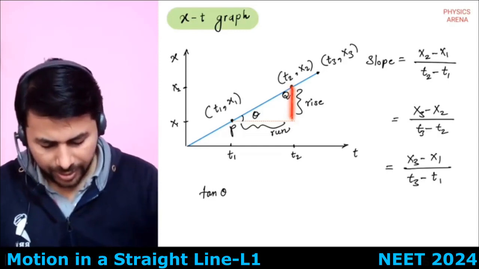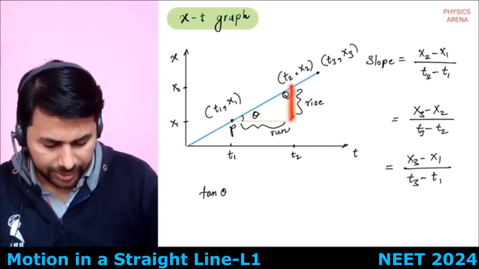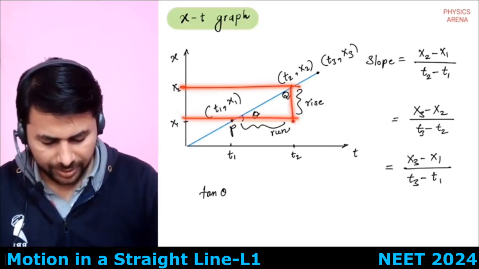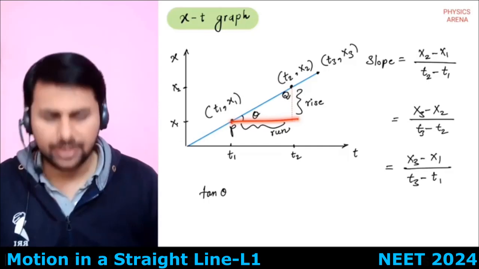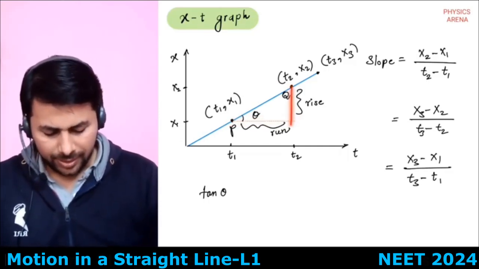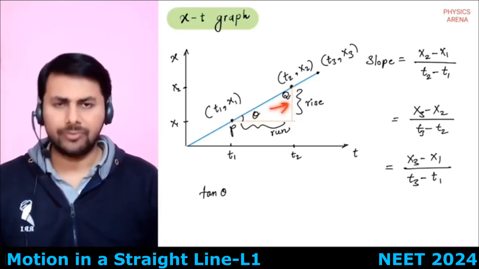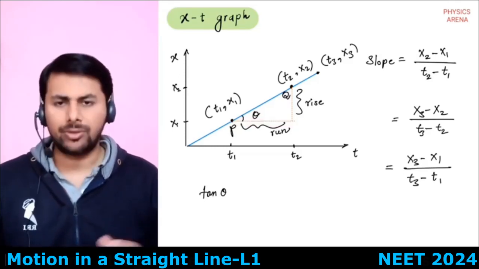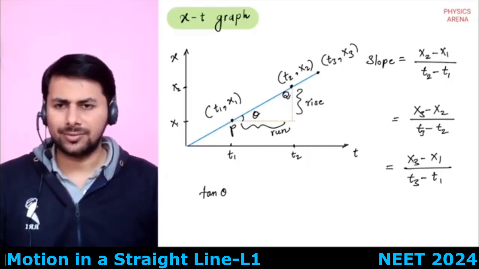If you choose these 2 points, this vertical distance is x2 minus x1, and the horizontal distance is t2 minus t1. If this angle is theta, then tan of theta is the opposite side, x2 minus x1, divided by the horizontal side, t2 minus t1. Okay, this thing is clear.